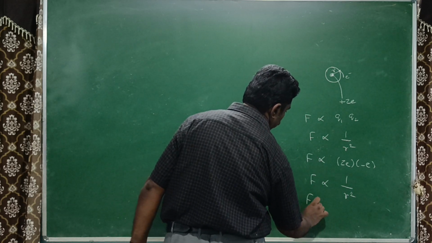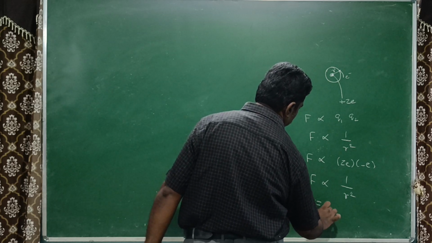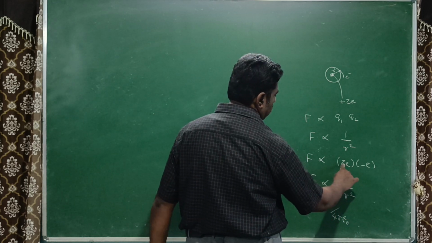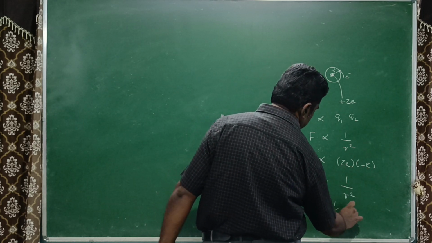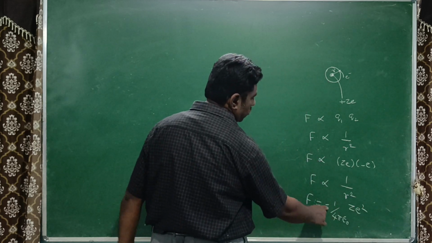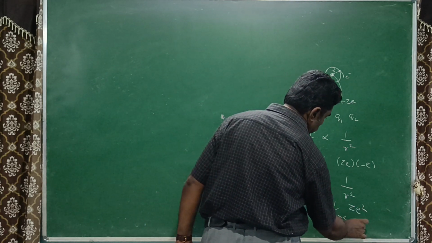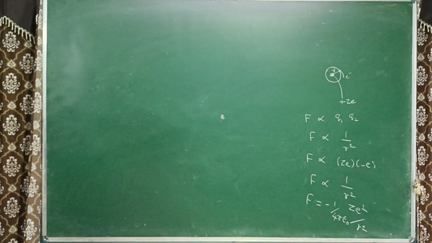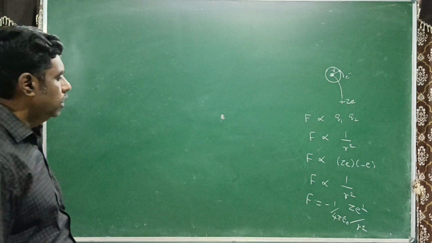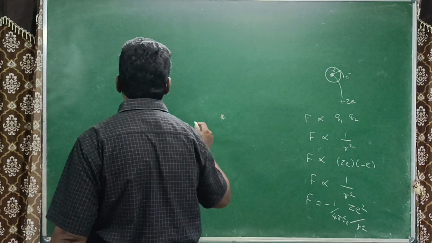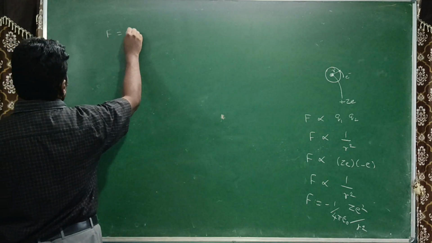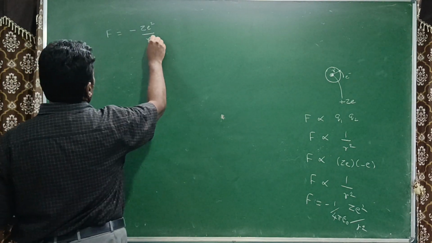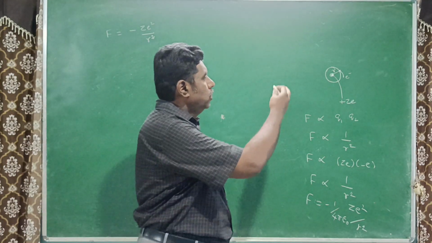Then F is equal to minus 1 by 4 pi epsilon naught, Z e into minus e, that is minus Z e square divided by r square. This is the force. The 1 by 4 pi epsilon naught is a constant term, so consider F equal to minus Z e square divided by r square for simplicity. This is the force existing between the two charges.